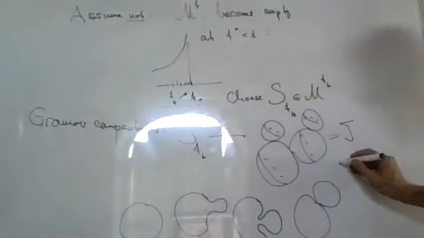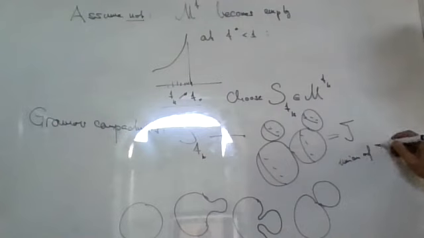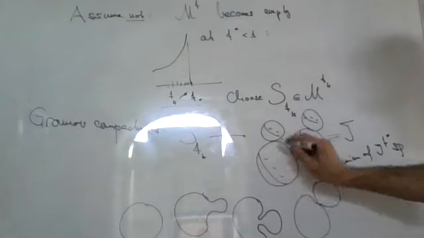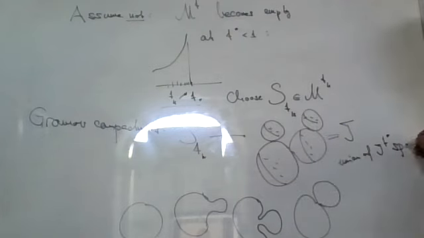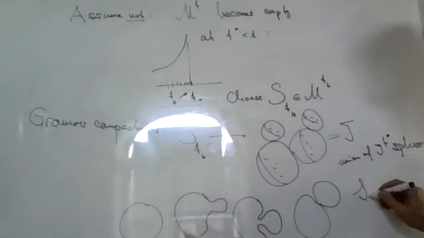This is a union of J_T-star spheres. This one, and this one, and this one, and this one. Something like maybe sphere 1, and so on, up to sphere K.